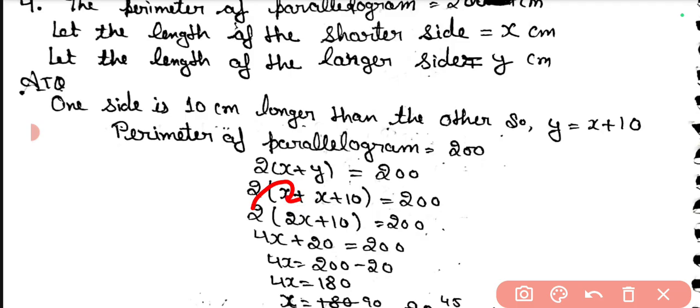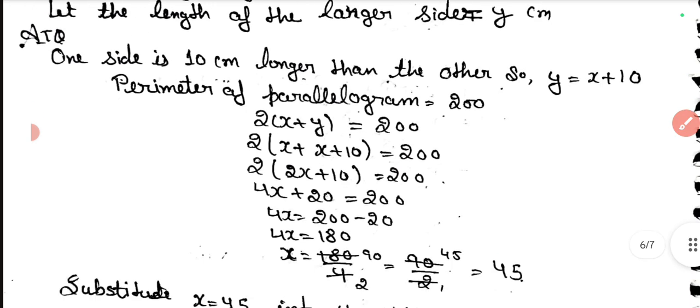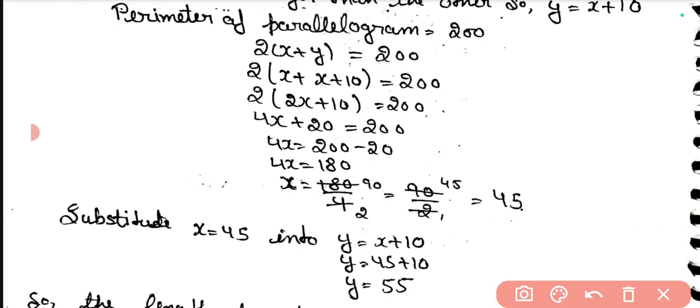Multiply 2 by 2x, 2 twos are 4x, then plus sign, then 2 multiplied by 10, 2 tens are 20, is equal to 200. Now here we have to find the value of the variable. So 4x plus 20, here minus 20 on the right hand side. It comes on the right side with a negative sign, opposite sign, you can see. So 200 minus 20 is equal to 180.